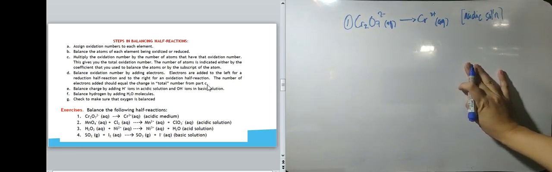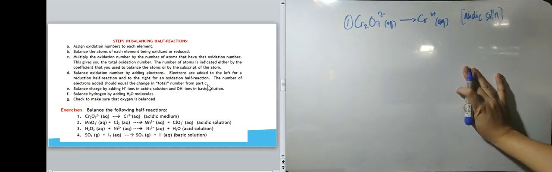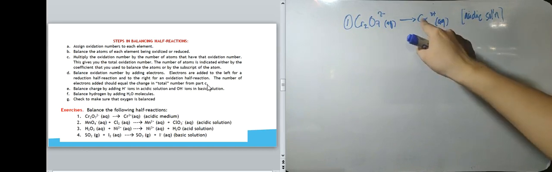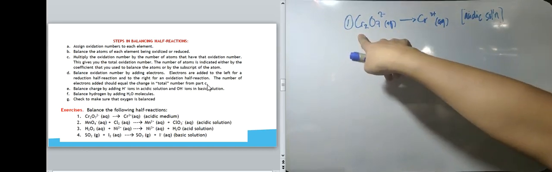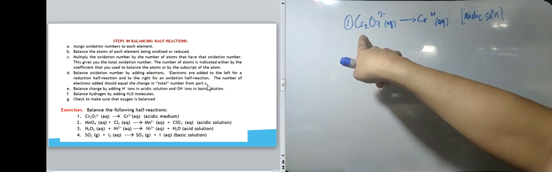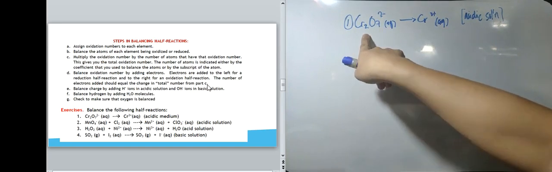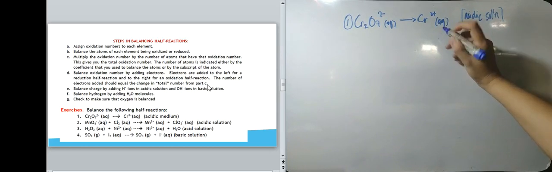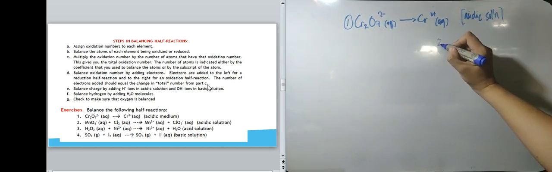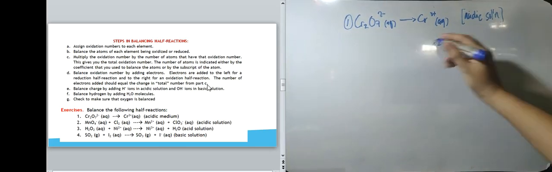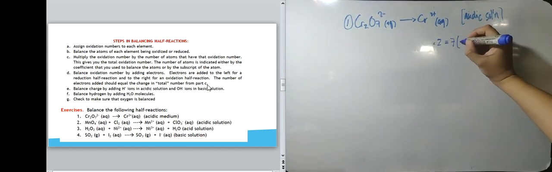Alright. So based on the step, we should assign oxidation numbers to each element. So meron lang tayong Cr dito. So we need to check what is the oxidation state or oxidation number of Cr from here. So we have here 2 negative is equal to ilan ang oxygen? 7. Tapos ilan ba ang oxidation number ng oxygen? Negative 2.